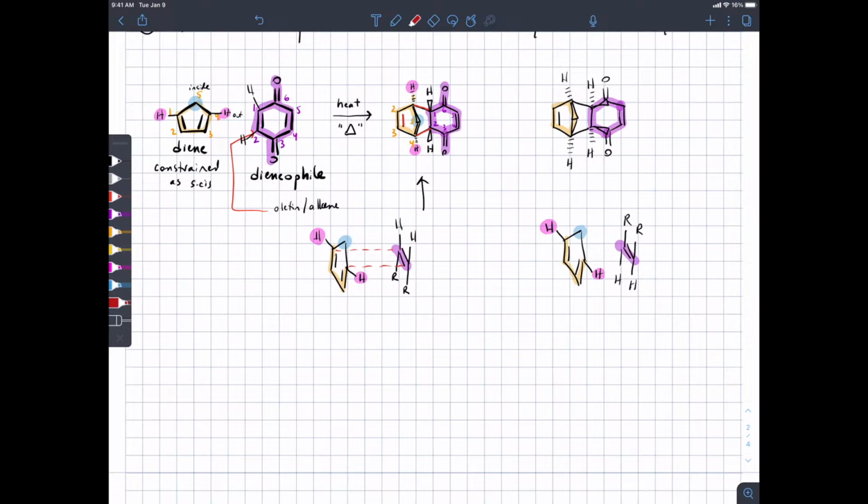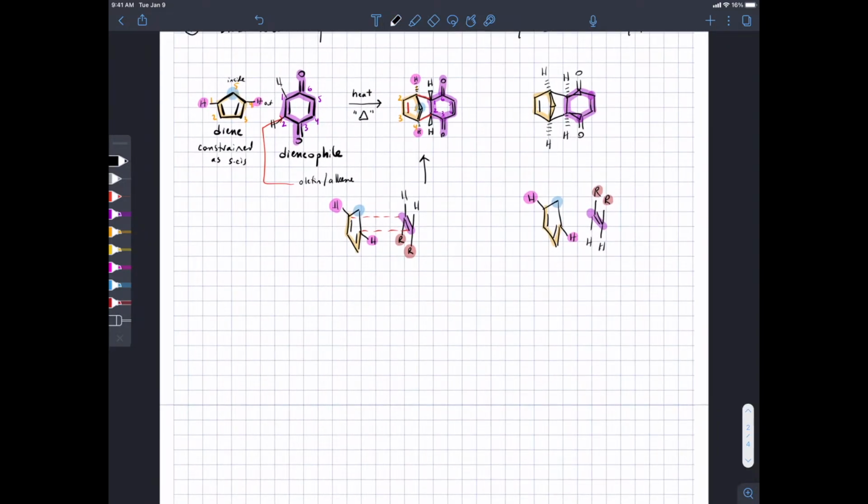So notice the groups I'm highlighting. In pink are the outward groups on the diene. In blue, that's the inward group or groups on the diene. And then in a darker red, I'm going to highlight the R groups on the olefin.